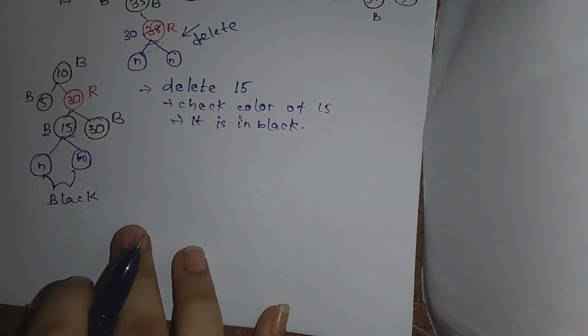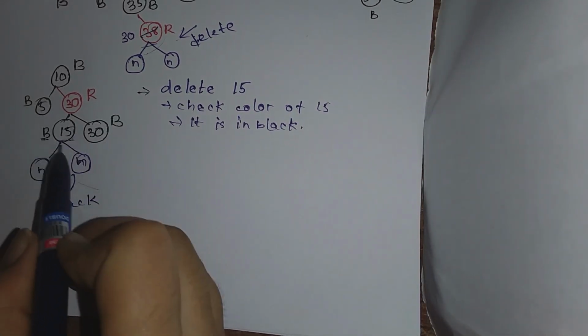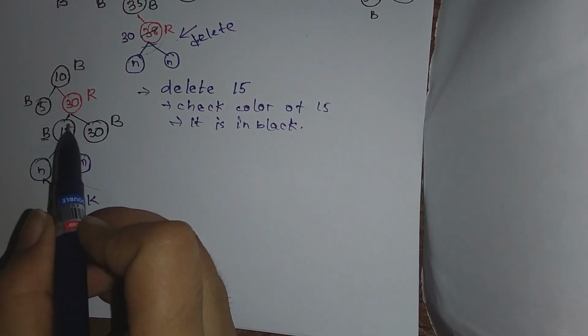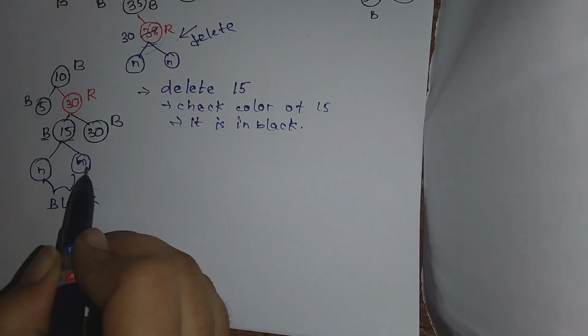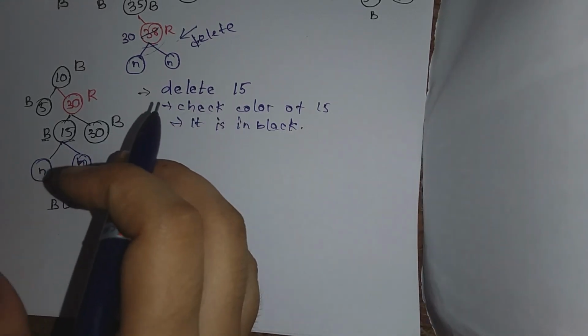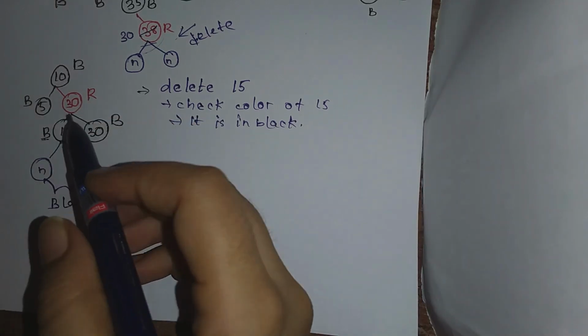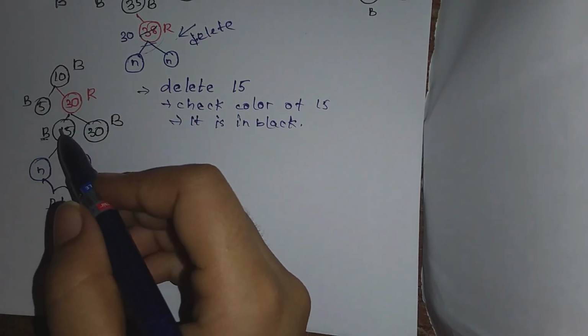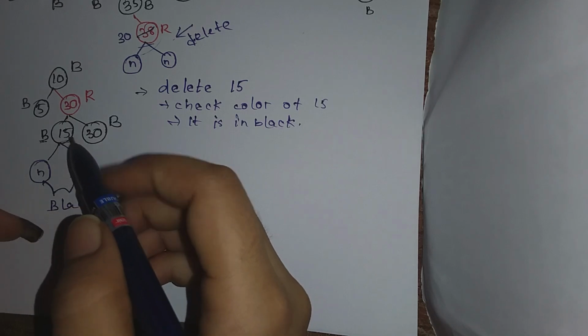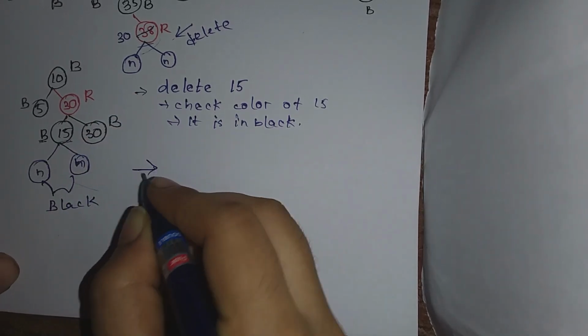So after deleting this leaf node 15, the two nil children are going to combine.